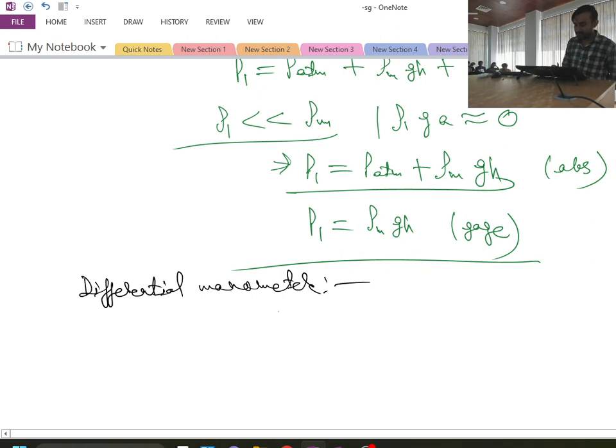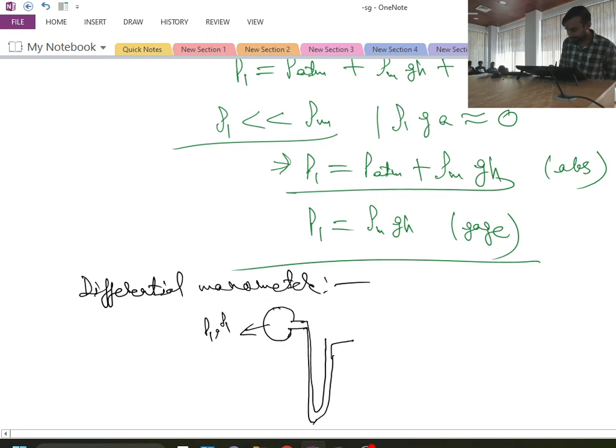Say here I have some system having pressure P1 and density of fluid as rho 1. And on the other side I have some other system having pressure P2 and density rho 2.